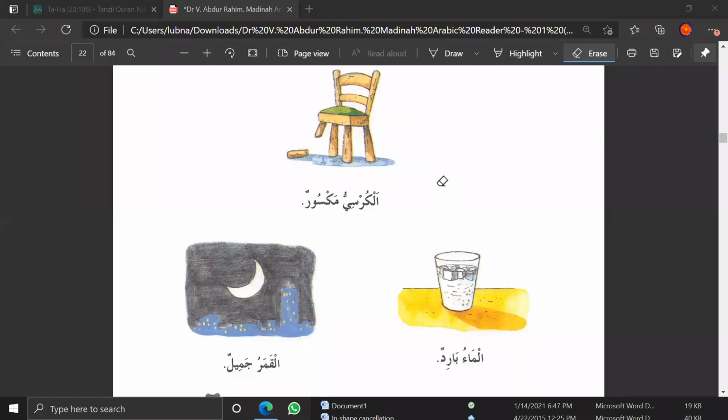So this is page number 18, and tell me, what is this? Al-kursiyun maksurun. With al, do you say kursiyun? Al-kursi maksurun. The chair is broken.